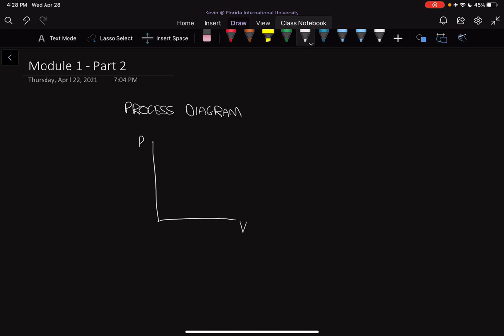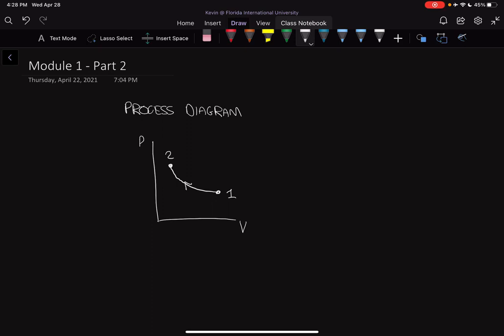And the path of that process is a series of states through which a system passes. So if we draw a process from 1 to 2, it would have some sort of path that looks like this, as defined last time between point 1 and point 2.